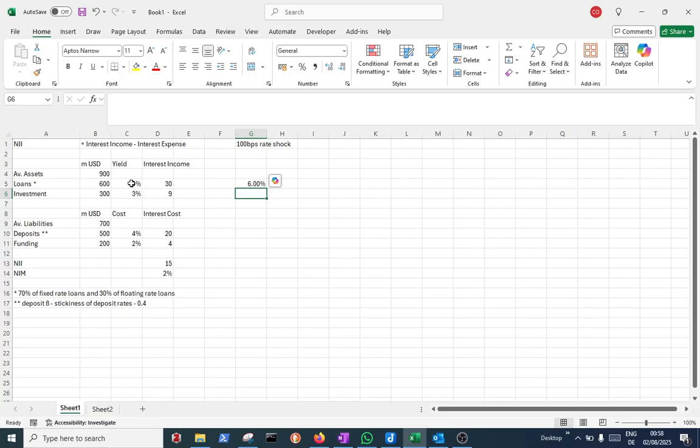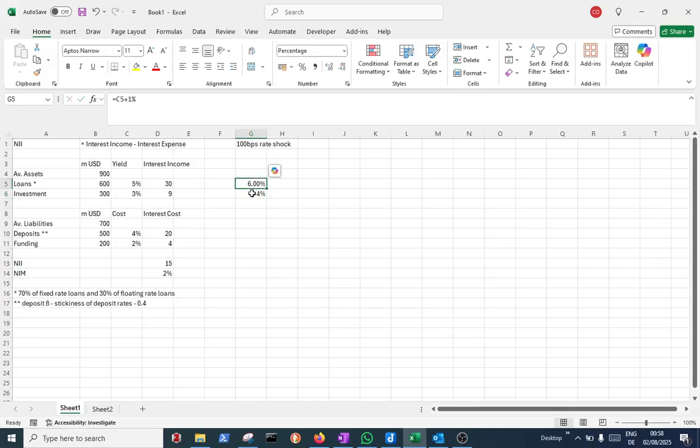So most probably we'll receive a higher interest rate. Let's say 7%. Oh, sorry, not 7%. We have 3. We'll receive 4%.